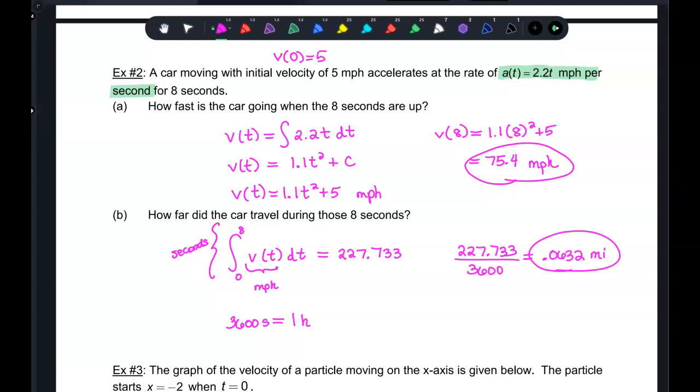But it's a weird kind of situation because this is miles per hour, and when we integrate it with regards to seconds, this answer is now what? Miles per second. Well, I hope it's not miles per second because that's a lot of miles per second. I hope a car's not going that fast.